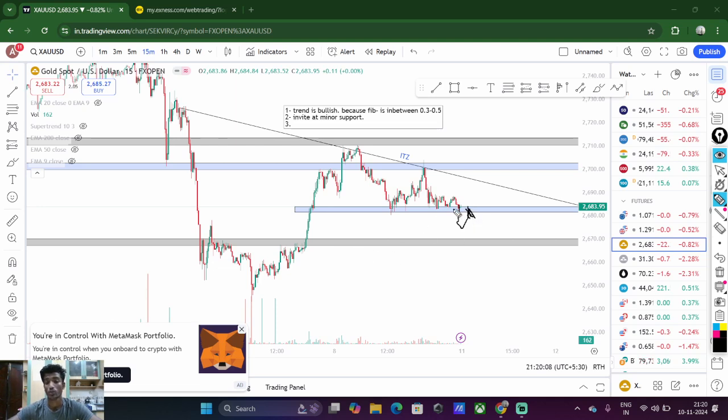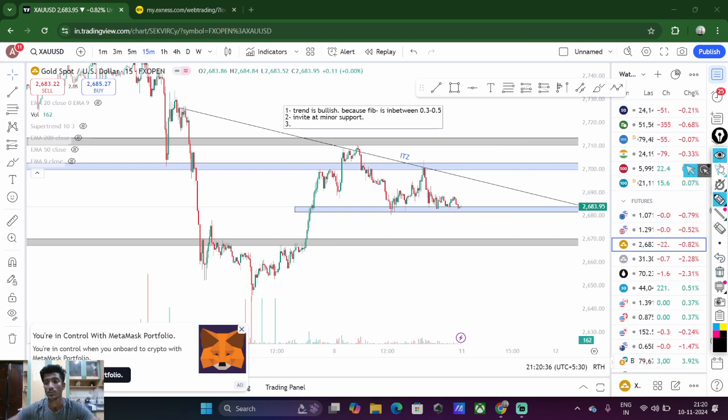But it is to be noted that this level should not be faked out before this. If this is faked out, the plan has to be changed accordingly. So our plan for tomorrow will be: breakdown, sellers will be invited, retest, sellers will be invited, and then we will enter on this crossing when it comes back to the zone, with this as stop loss and this as our target.